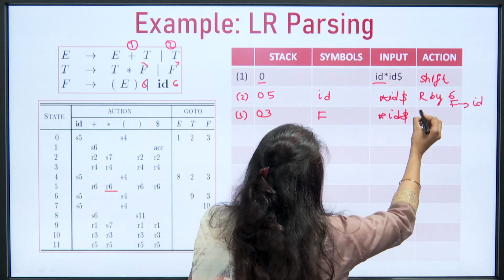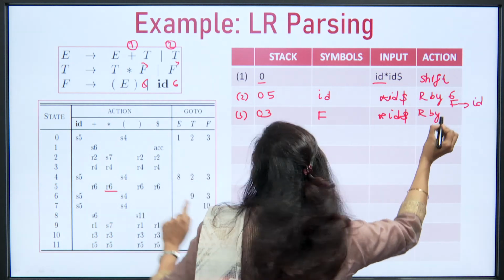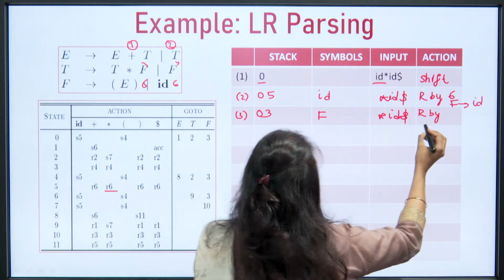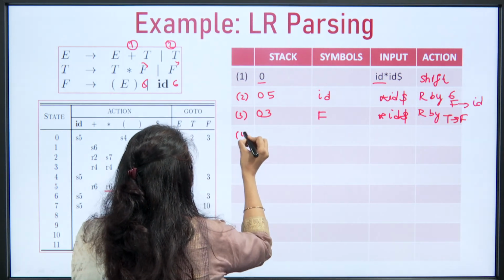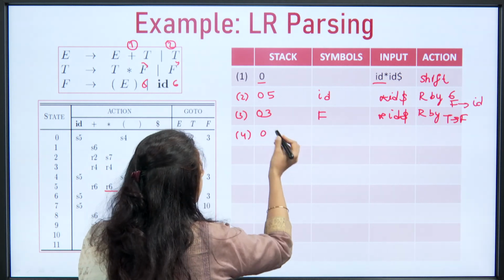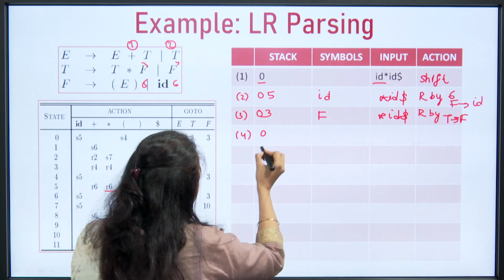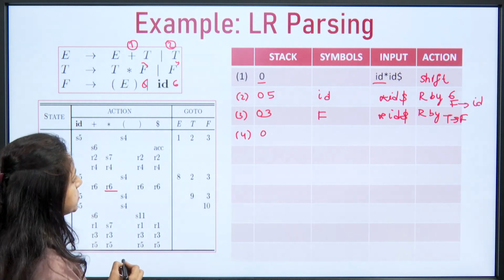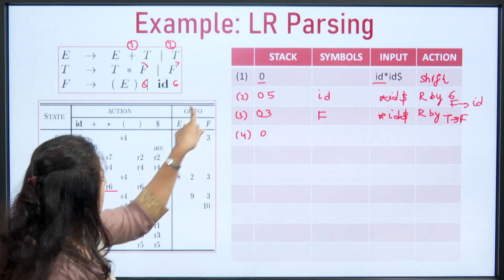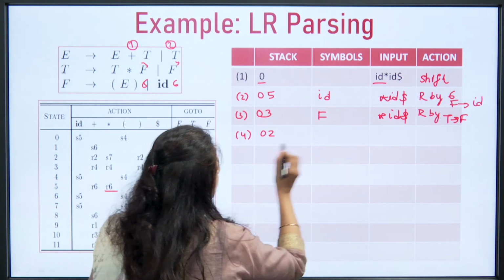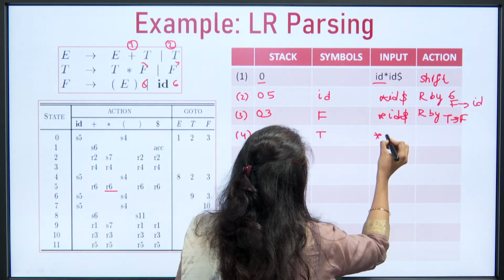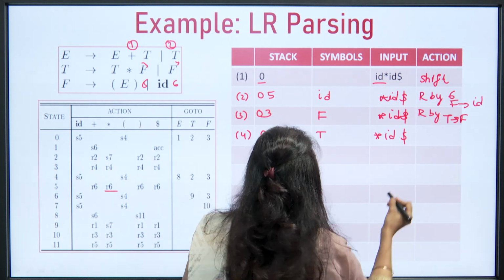So, that is reduce by 4, meaning T to F. So, here we will pop one symbol, the exposed state is 0, with respect to 0 and T we will go to the goto table. So, we will get 2, this is T, and here we will get multiplication ID and dollar.